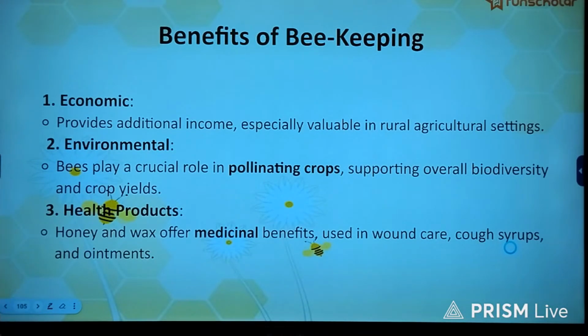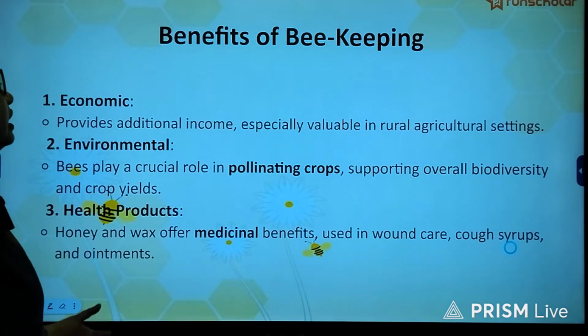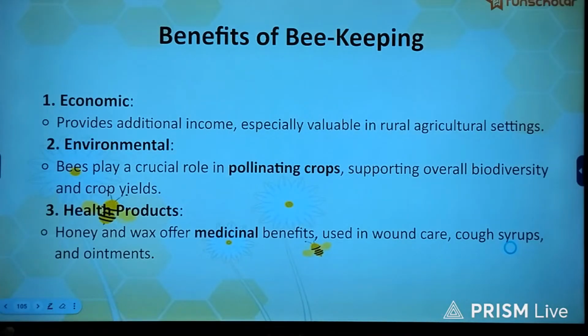What are the benefits of beekeeping or honey or apiculture? First is the economic benefit. Obviously, I told you that it is low cost investment farming. So therefore, it will not cost you much, but on the contrary, it will add income.